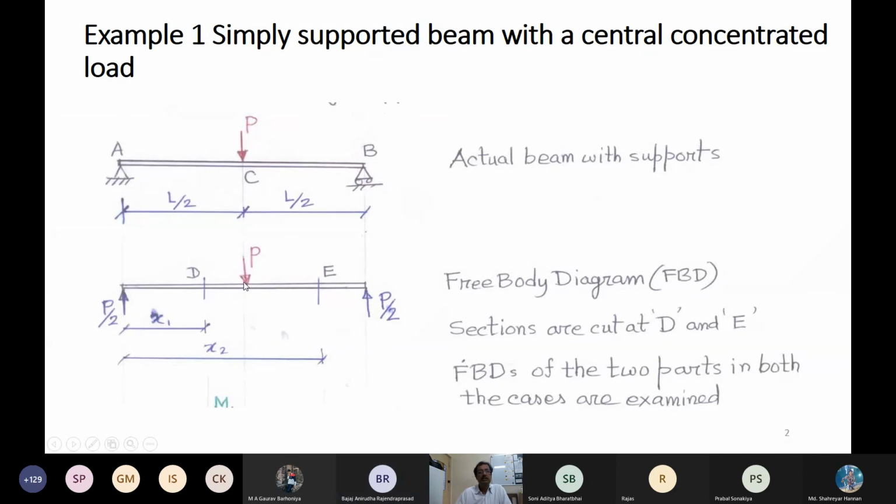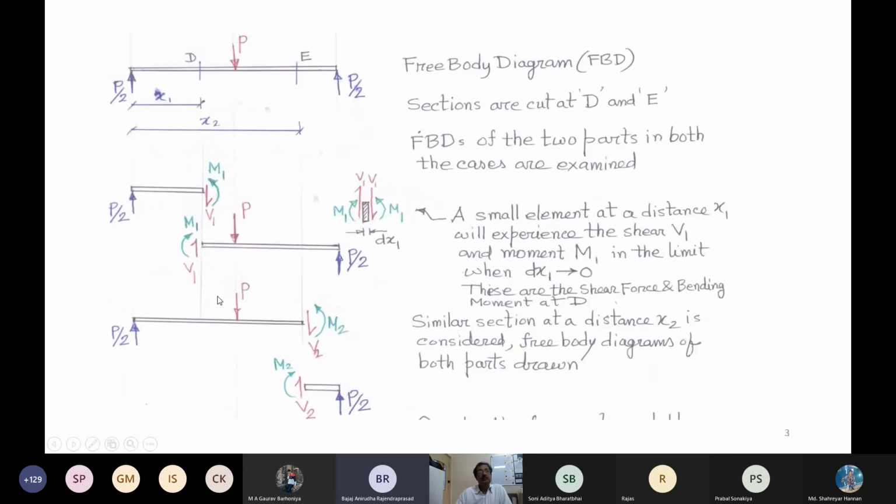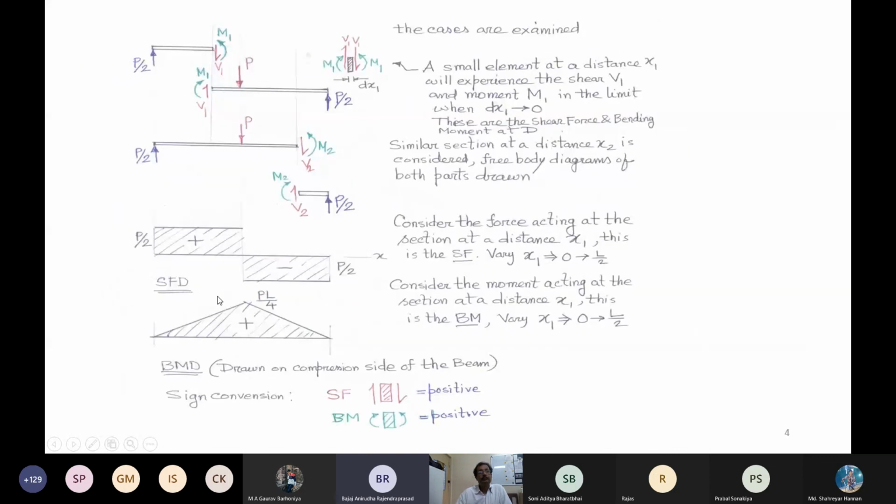What do you say, where should this force be? When drawing the shear force diagram, at point D the V force is in the downward direction. If we consider it in the upward direction, then the SFD is coming out negative in this 0 to L/2 part.